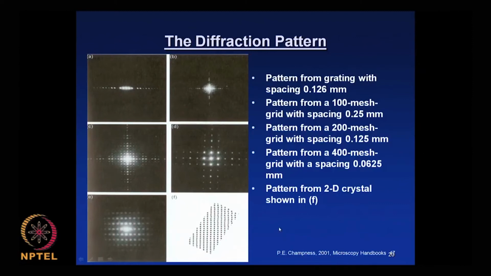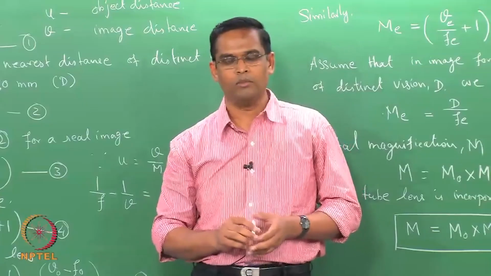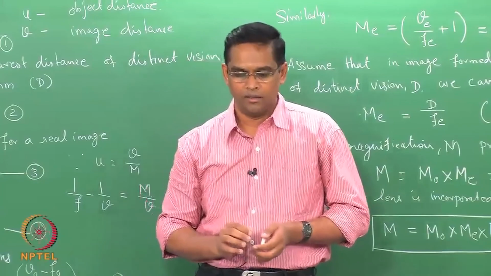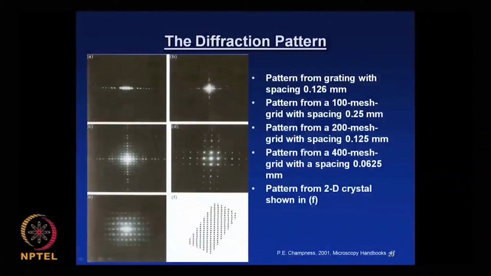So, what are you observing from this pattern? If you look carefully, you will be able to make out, just have a look at these numbers, spacings 0.126, 0.25, 0.125 and then 0.06. So, what do we observe?